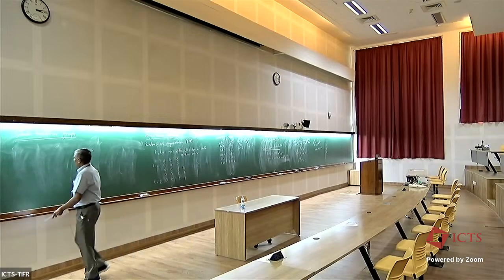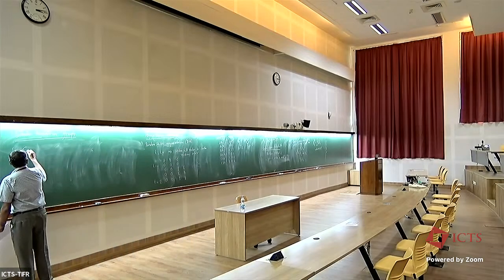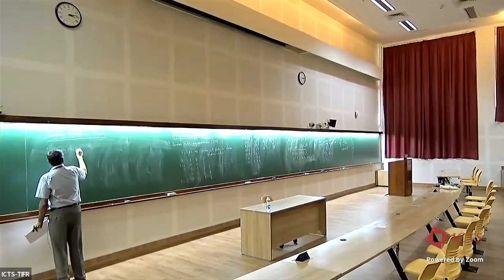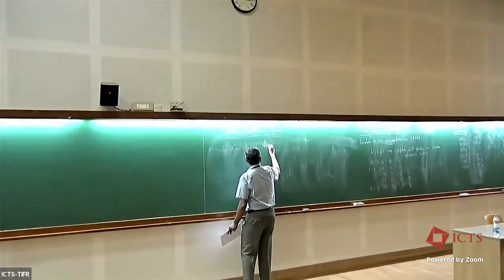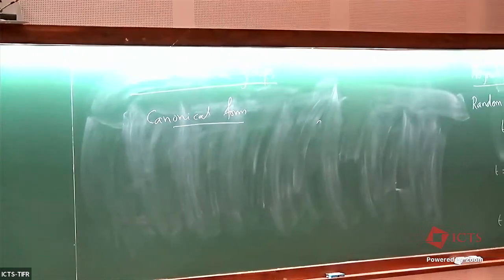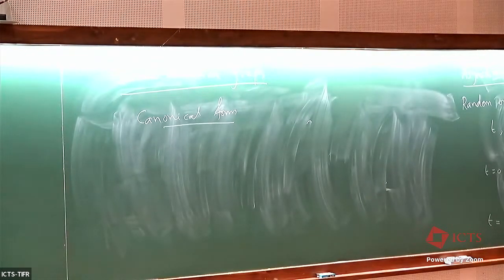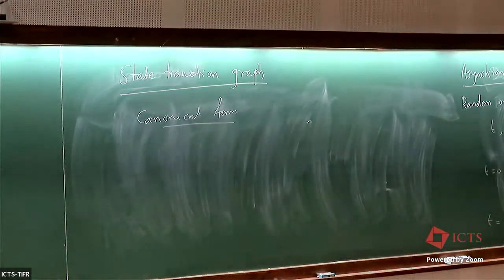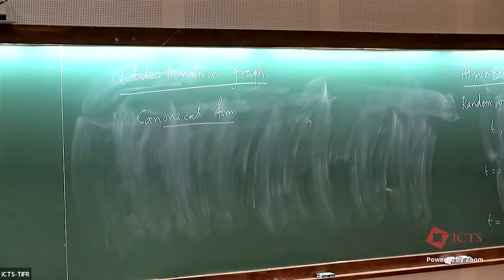It's called the canonical form. So we can convert the state transition matrix into what is called a canonical form. And that canonical form actually allows you to estimate the absorption probabilities with an extremely simple matrix operation.